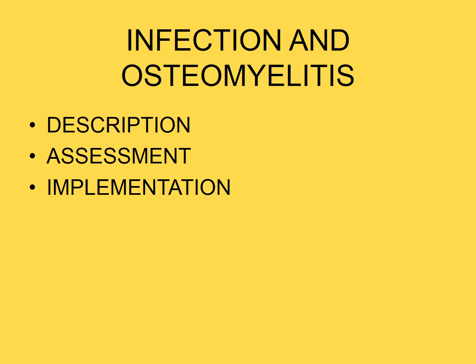Some of the assessment findings of someone who has osteomyelitis are fever, pain, erythema in the area surrounding the fracture, tachycardia, and if you do the WBC, it will be elevated. So what we want to do, again, is notify the physician immediately, because we need to initiate aggressive IV antibiotic therapy. Next slide.